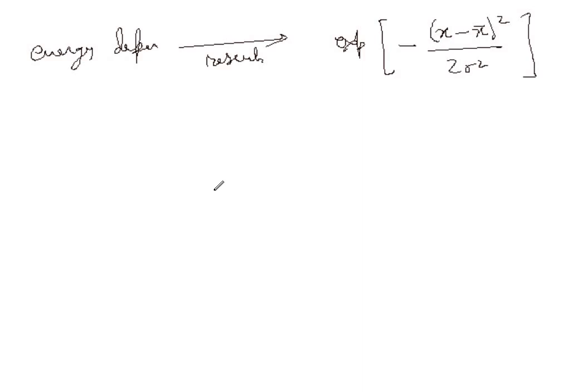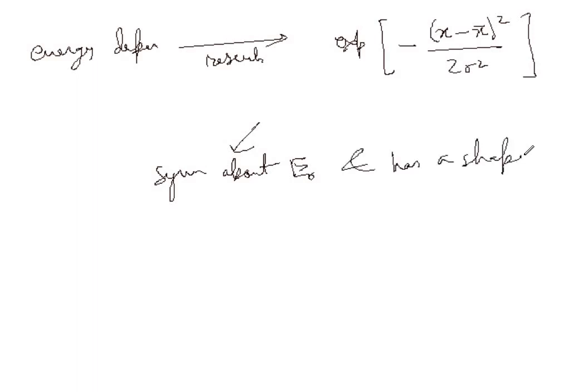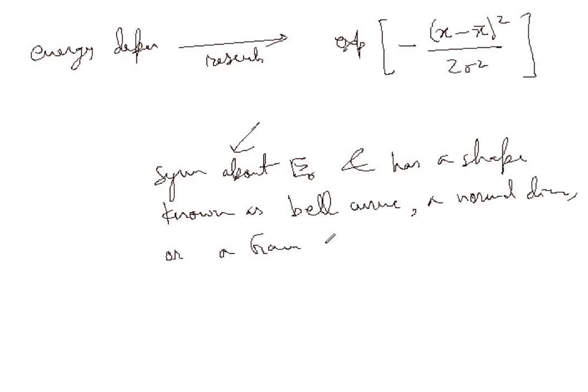So this is symmetric about E0, our energy distribution, and has a shape known as a bell curve, a normal distribution, or a Gaussian distribution, right? Any questions?